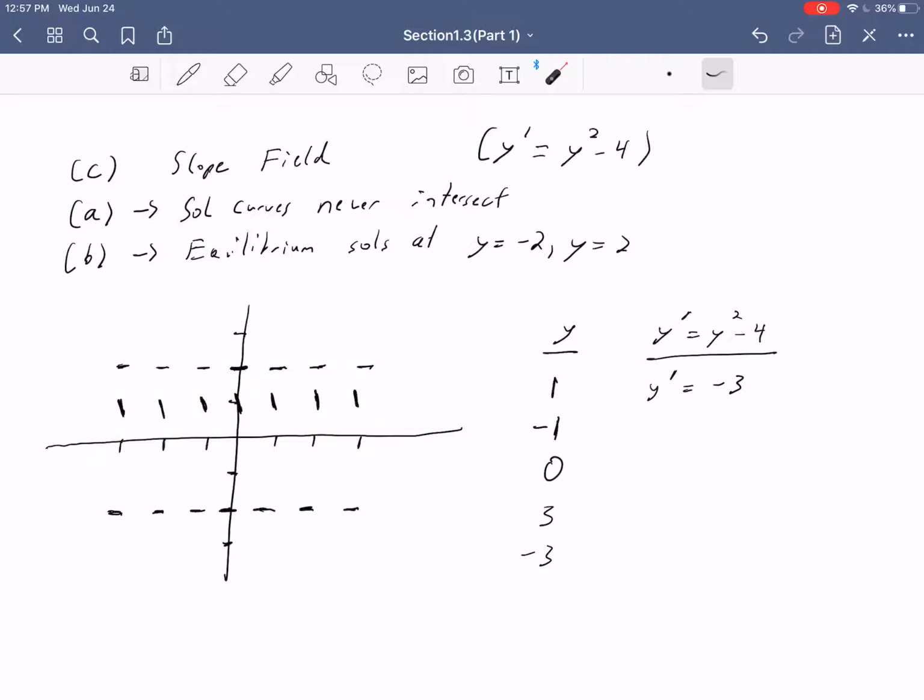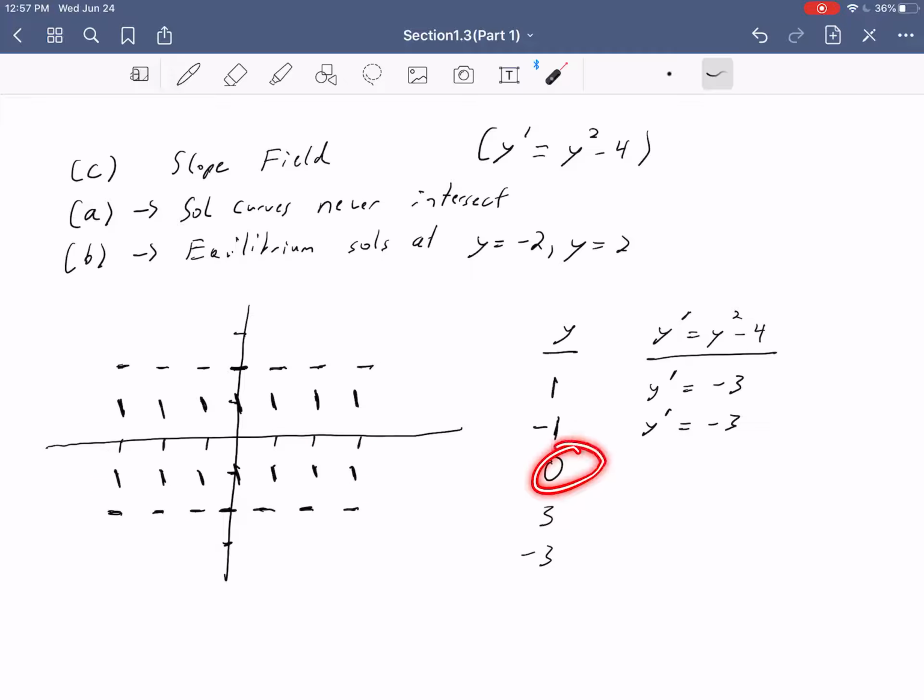All right, what about when y is negative 1? Well, if you plug in negative 1, you get y prime is also negative 3. So whenever y is negative 1 along here, we should have similar looking slopes. So again, pretty steep negative slopes anytime y is negative 1. Now again, remember, this is an easier case because there's no x value, so as soon as we know what happens at a y value, we can just fill in the entire horizontal row of slopes there.